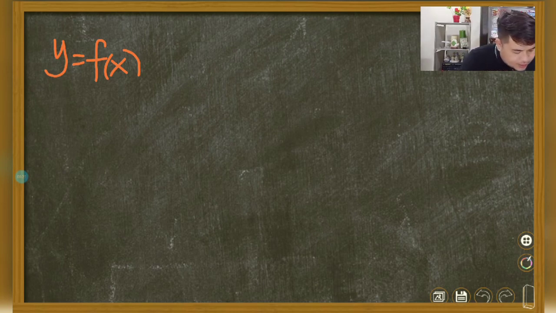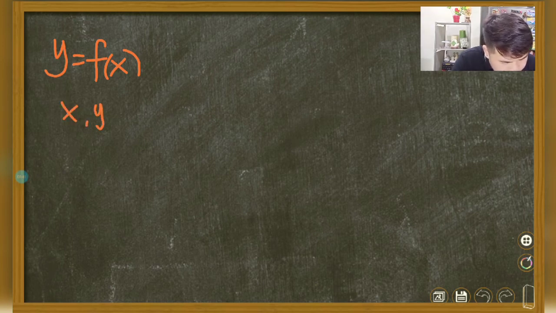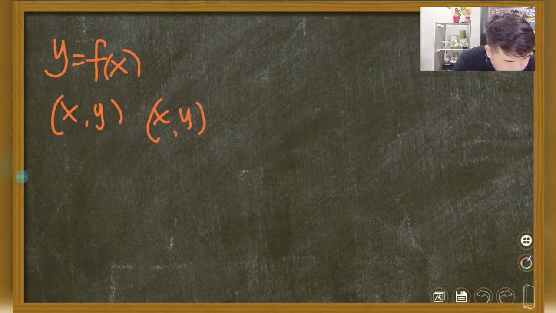So we say that x is the independent variable, while y is the dependent variable. So a function may be viewed as a set of ordered pairs (x, y), where (x, y) are elements of your function if and only if y is f(x).